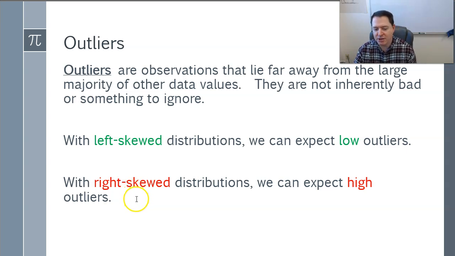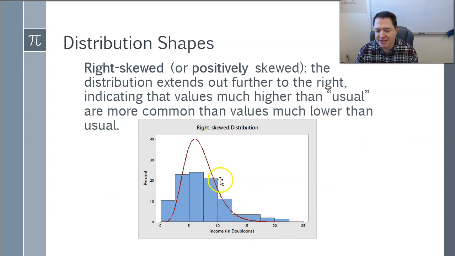Similarly, on right skew distributions, we would expect to get high outliers, for the same idea. I've got this tail extending further out on the right than on the left, so I can expect to get values much higher than the middle values. These will occur much more frequently on the right than on the left if they're going to be far away from the other values.